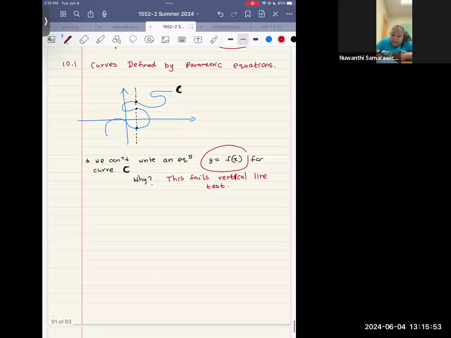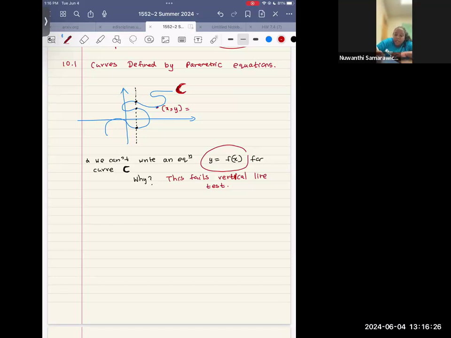But how do we write a curve C as an equation? Let's say this is a point x and y. Each coordinate is like a particle, and the particle is moving. We can write the position of this particle according to time.